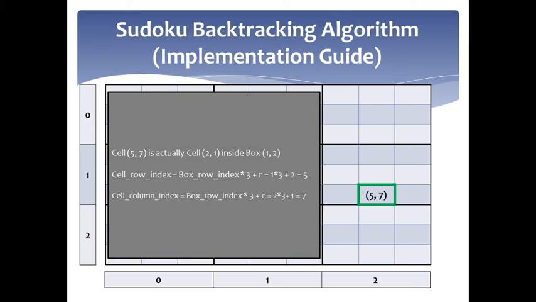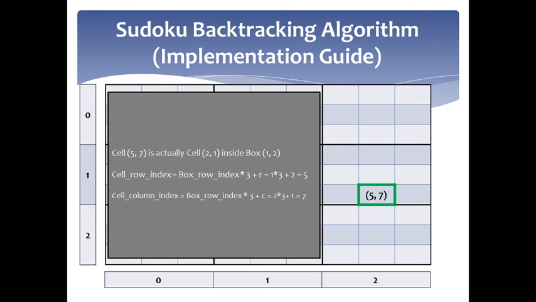Now, we also have to do a reverse of our previous formula to find all 9 cells within a box. To do this, let's first try to understand the relation between the cell and the box, with box 1, 2 as an example. Cell 5, 7 actually has row 5 and column 7 when referenced to the 9 by 9 Sudoku board.